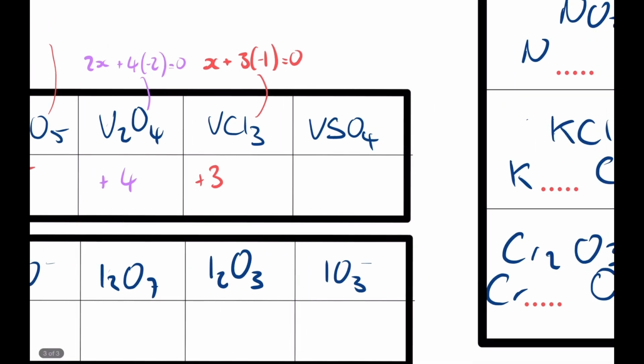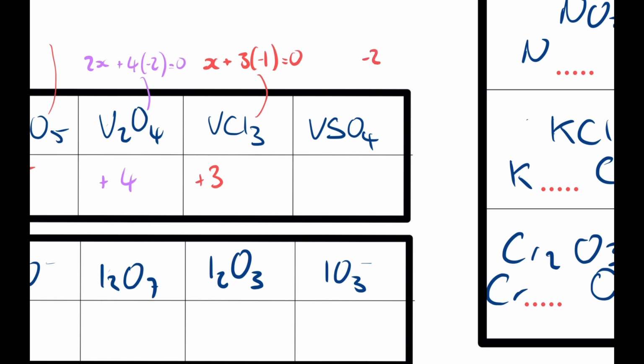And the last one, this is interesting because we know that all of this has a charge of 2 minus. Think sulfuric acid. So this whole thing has a charge of 2 minus. We can work it out more individually though. Here, oxygen has a charge of minus 2.